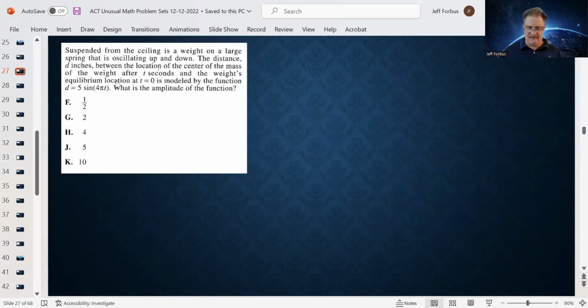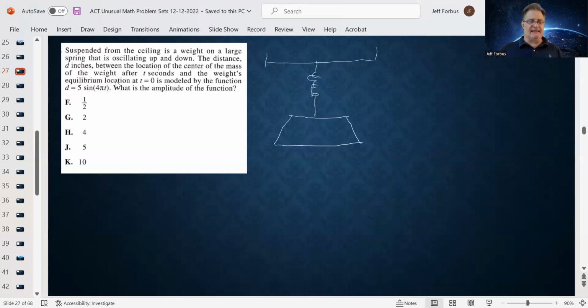It says suspended from a ceiling is a weight on a large spring. So here's my ceiling. I like to make sketches. We've got a spring, and then we've got a large weight, suspended from the spring.